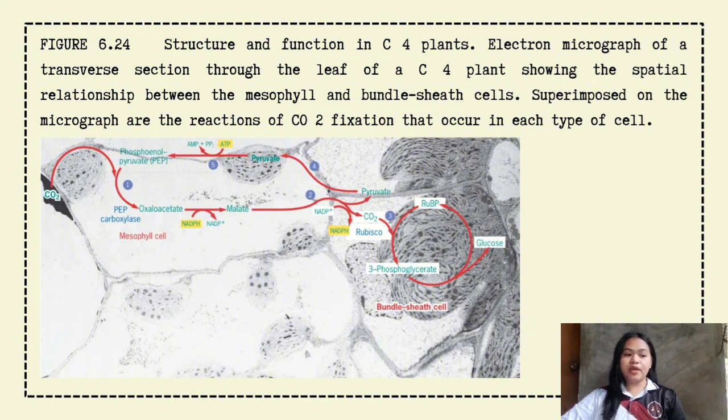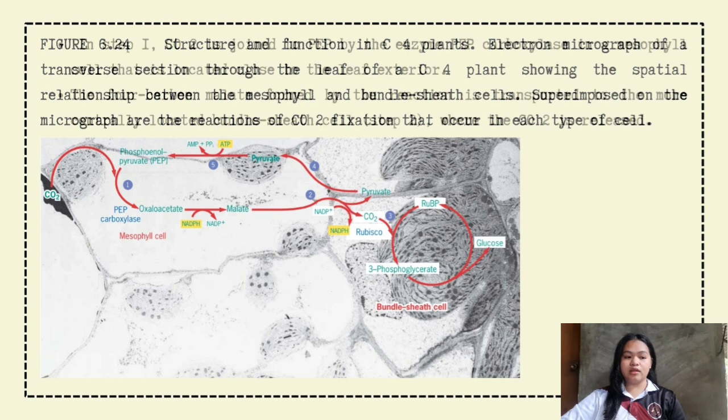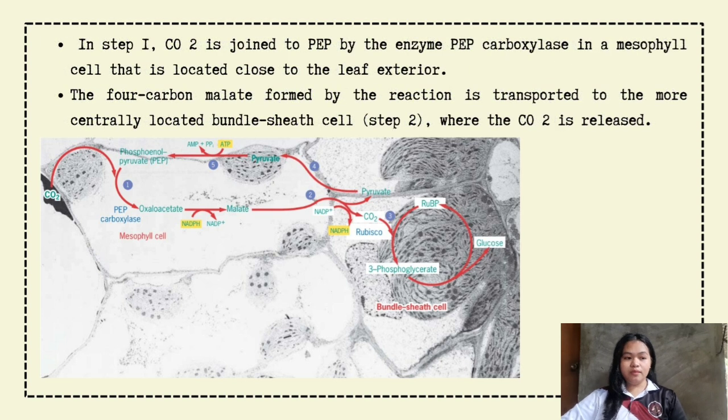Electron micrograph of a transverse section through the leaf of a C4 plant showing the spatial relationship between the mesophyll and bundle sheath cells. Superimposed on the micrograph are the reactions of carbon dioxide fixation that occur in each type of cell. In step 1, carbon dioxide is joined to PEP by the enzyme PEP carboxylase in a mesophyll cell located close to the leaf exterior.